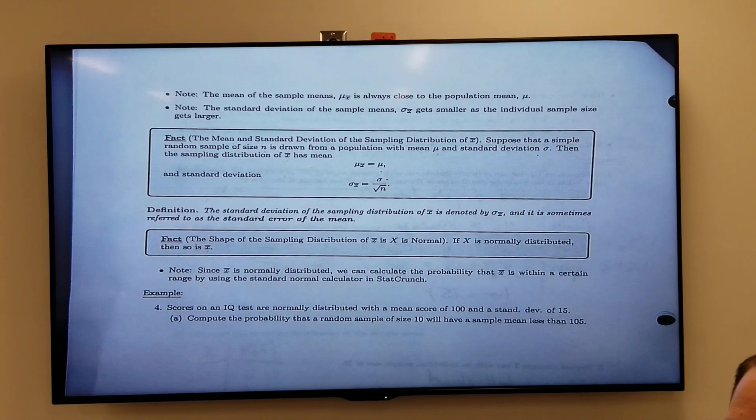We needed to know what the distribution of x bar looked like so that we knew what calculator we could use in StatCrunch to compute probabilities involving x bar. Well, if x bar is normally distributed, then we can use the normal calculator to compute probabilities involving x bar. So let me give you a couple examples of this.